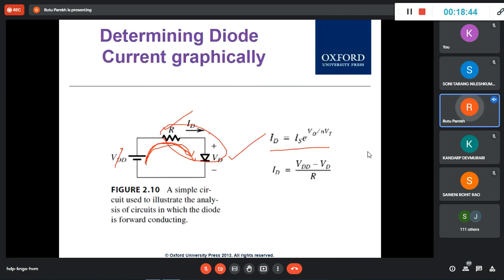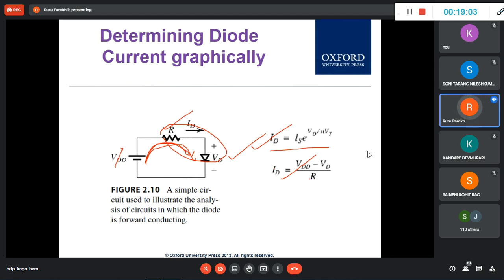This is the equation of ID. And again, ID can also be given by another equation: you can think of this voltage as a battery, so it is this voltage minus the diode voltage, divided by R. Both of these equations should hold for ID.